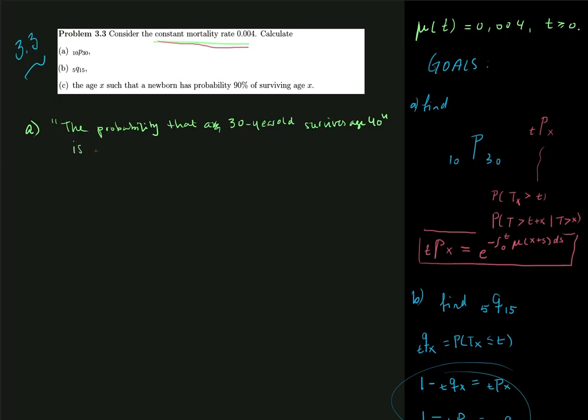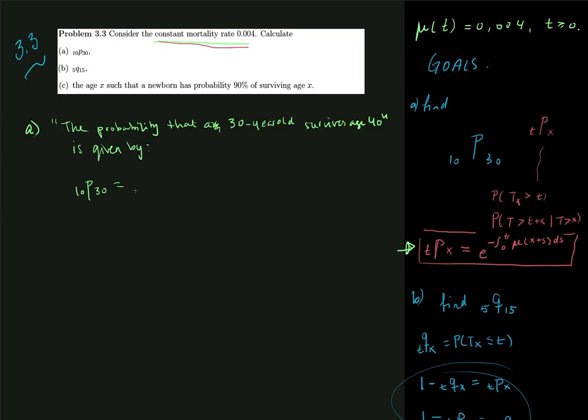So this is given by 10p30 equal to, and since what we have been given is the mortality rate, we will operate using the mortality rate and using this formula here.